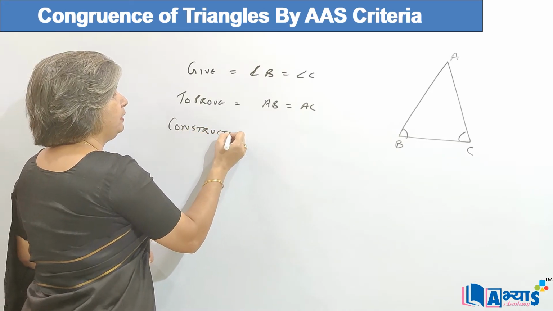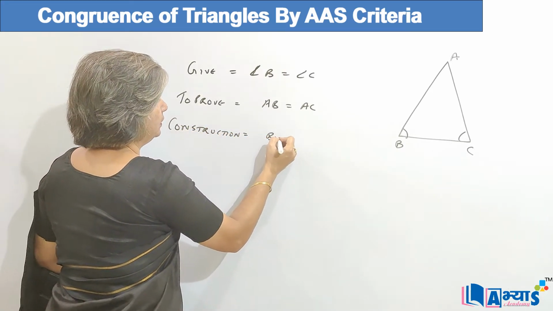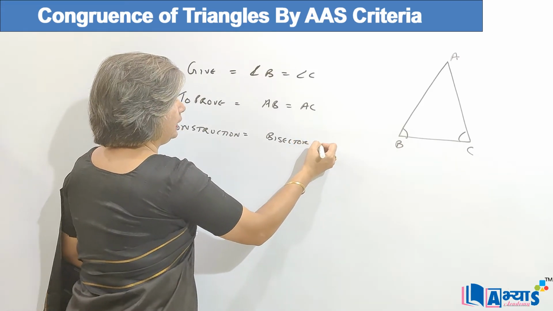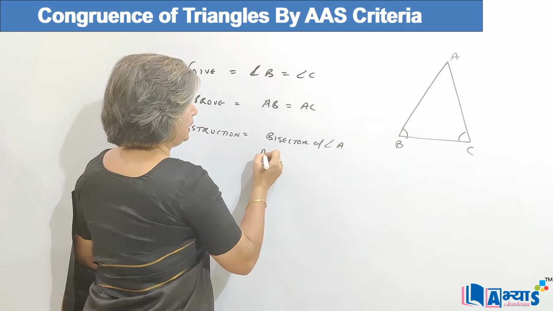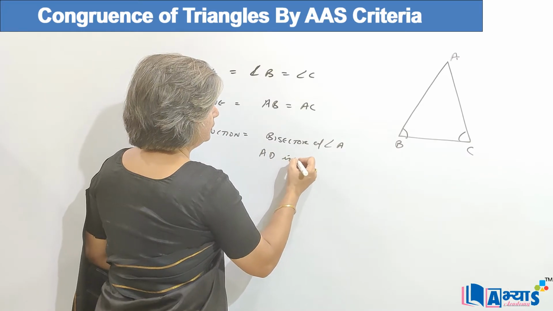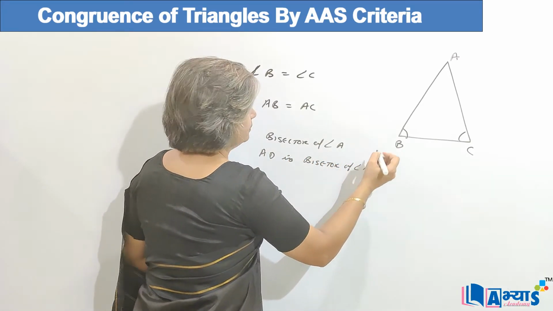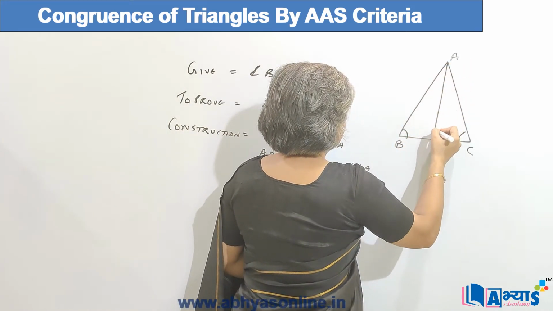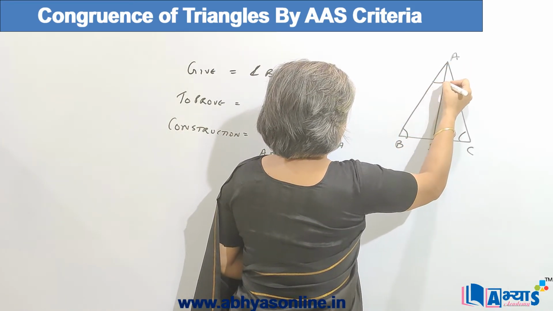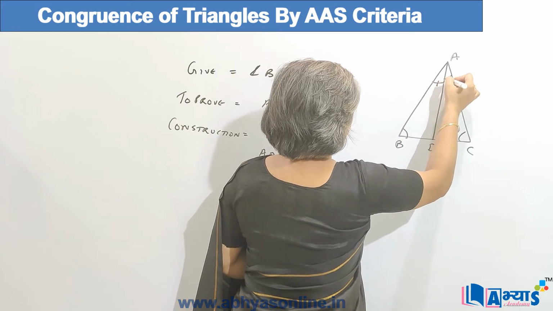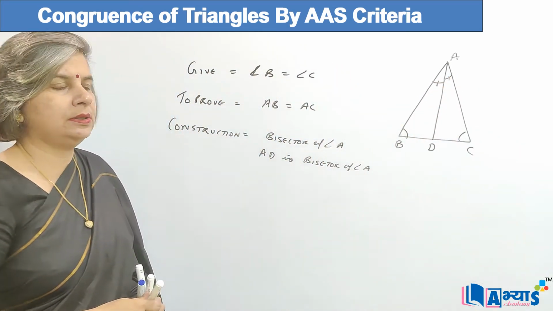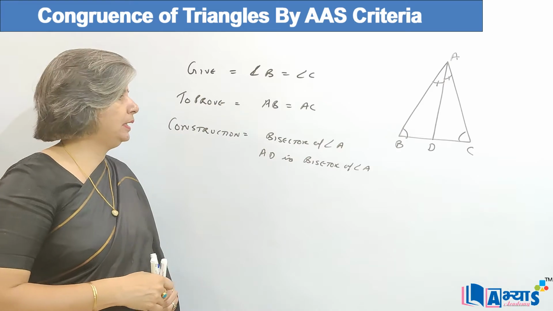In the construction we will draw the bisector of angle A. Let us suppose AD is the bisector of angle A. That means angle A has been bisected by AD.